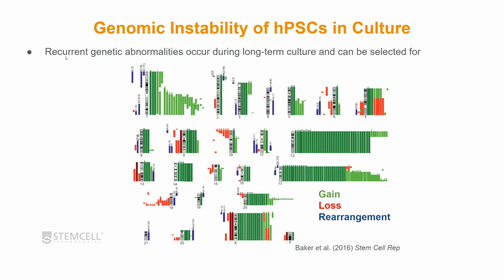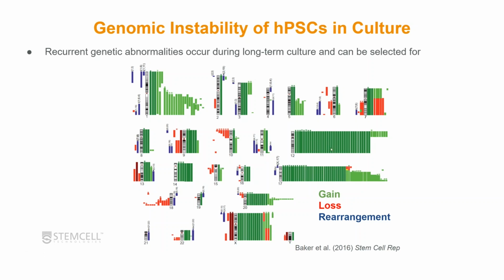Furthermore, there are several recurrent genetic abnormalities that can occur during long-term culture. Whole chromosome gain of chromosome 12 is one of them that I had touched upon earlier. But this is an ideogram showing all of the different chromosomes in the human genome. And this study looked at long-term pluripotent stem cell cultures and the types of chromosomal aberrations that they acquire.